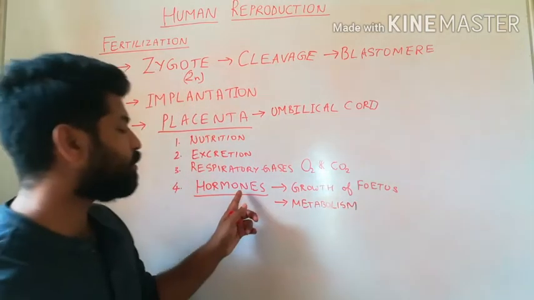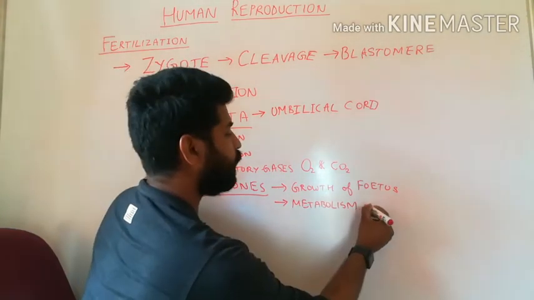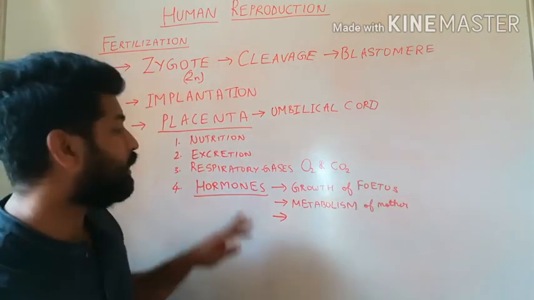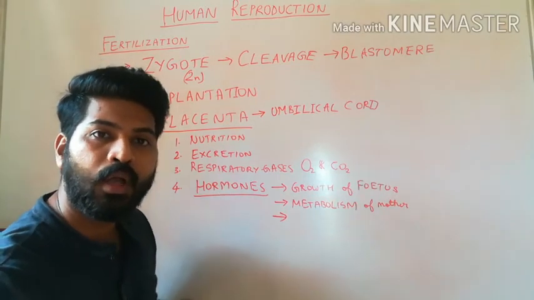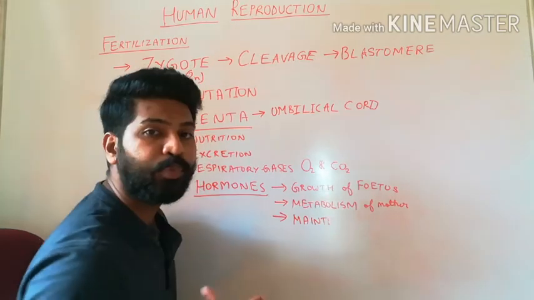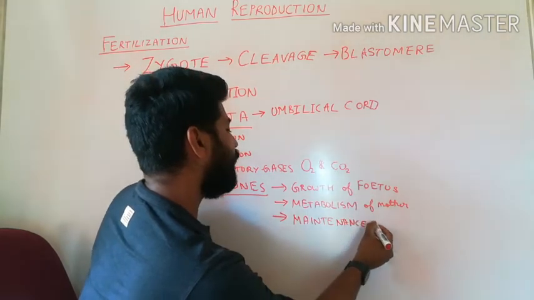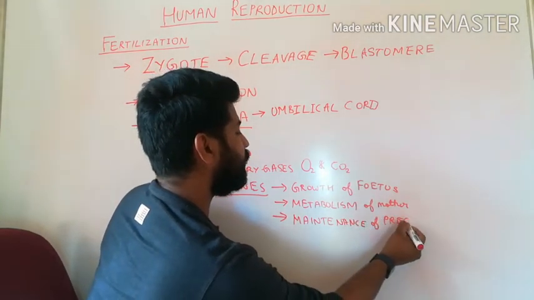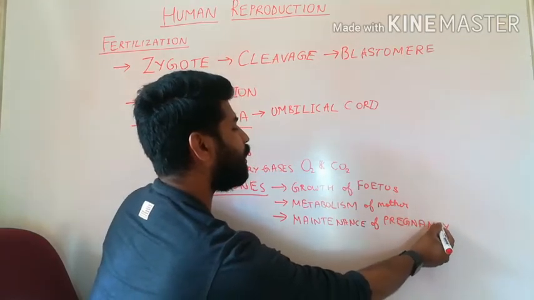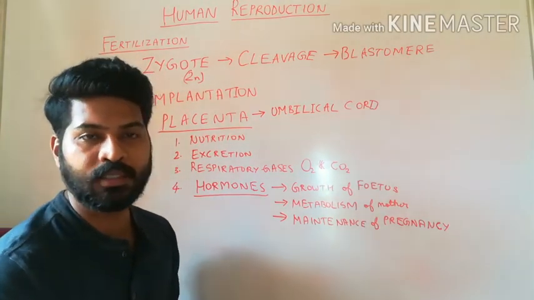So, it is responsible for the changed metabolic reactions of the mother, and most importantly, these hormones are responsible for maintenance of the pregnancy. One of the important hormones, progesterone, is very important for maintenance of pregnancy. If the progesterone hormone decreases, the endometrium layer will become thin and it could result in abortions.